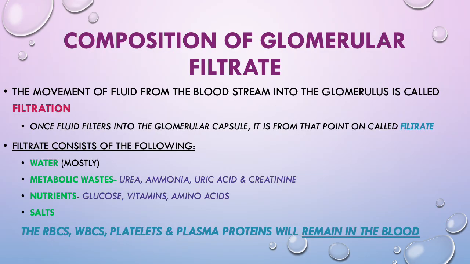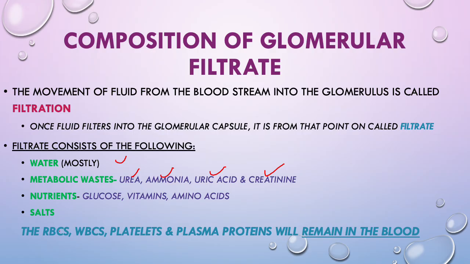So the composition of the glomerular filtrate has water, of course, because there's a lot of water. It also has some metabolite waste: urea, ammonia, uric acid, and creatinine, and some nutrients, okay? Glucose, vitamins, amino acids, and salts such as sodium or potassium.